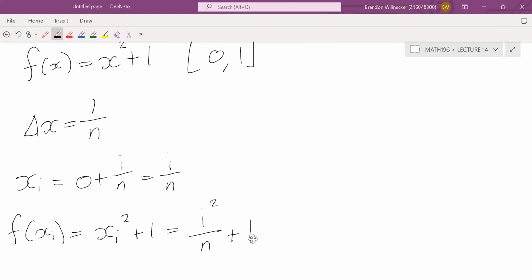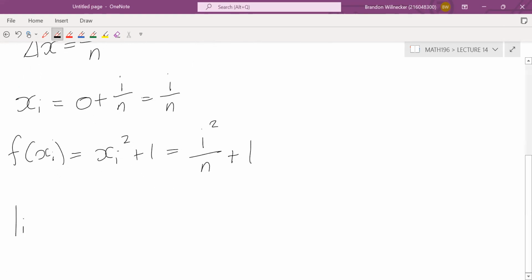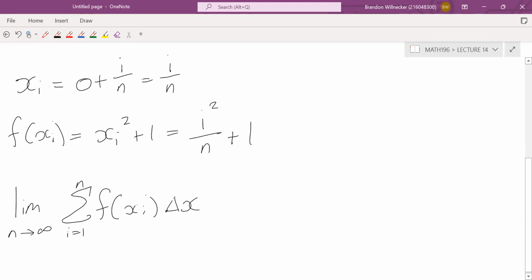Okay, so we got all the pieces now for the Riemann integral. The Riemann integral, or the limit of the Riemann sum, same thing, is the limit as n goes to infinity of the sum from i equals 1 to n of f of x_i delta x.